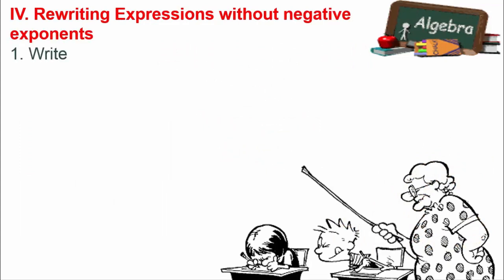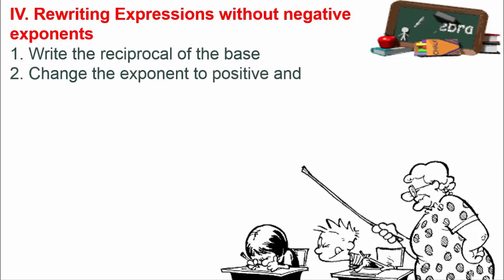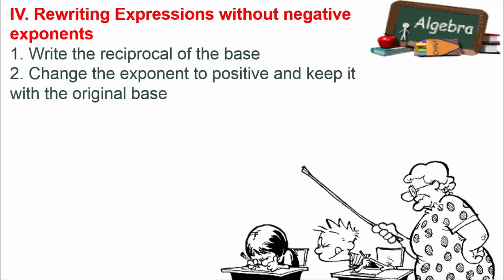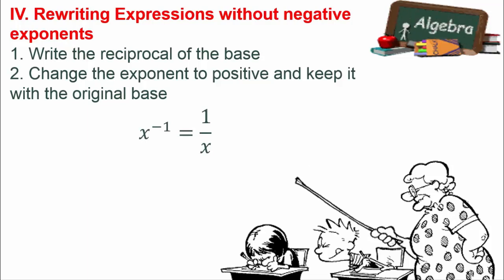So we want to rewrite expressions without negative exponents. The first thing we do is we write the reciprocal of the base, and then change the exponent to a positive to keep it with the original base. Now, of course, one may ask, what does this mean? Well, this is what it means.